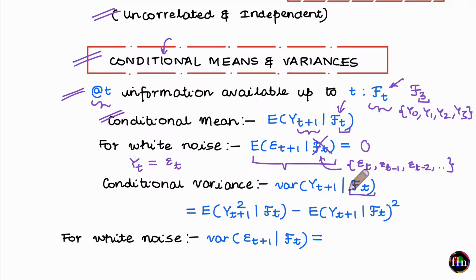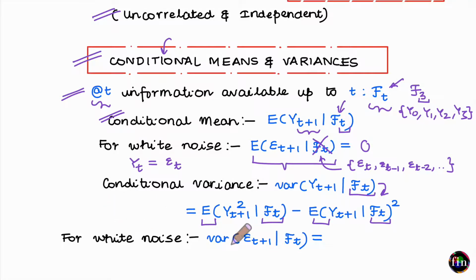Same formula as we have for the variance, but every time we compute an expectation going into this formula, instead of using unconditional expectation, we work with conditional expectation. Same formula, but we switch to conditional expectation. So all you have to do is compute these expectations based on the available information. Let's apply it very quickly to white noise.